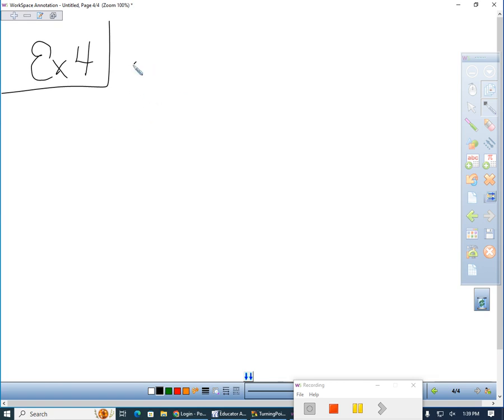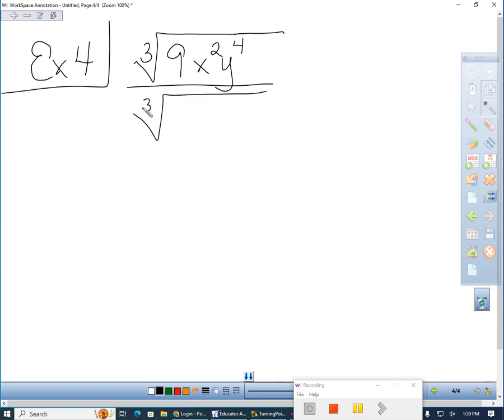So let's go with the cube root of 9x squared y to the fourth over the cube root of 45x y squared.